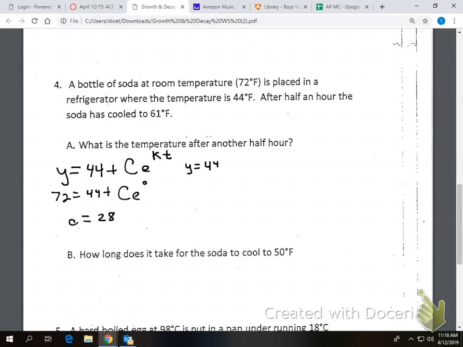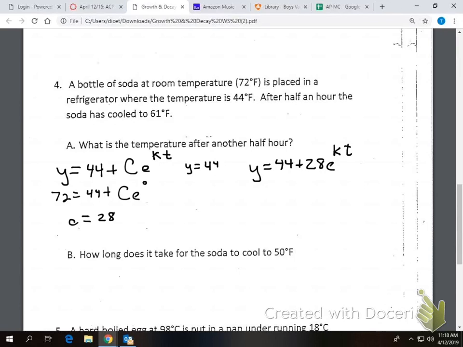This method always allows me to solve for the cooling. I don't know the technical name, but I do know now that y equals 44 plus 28 e to the kt. We can find k now.